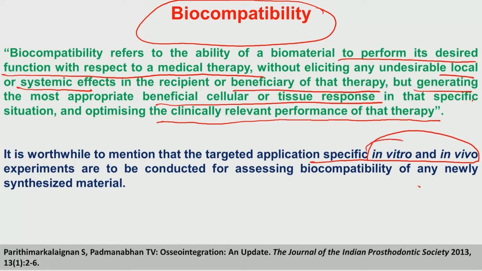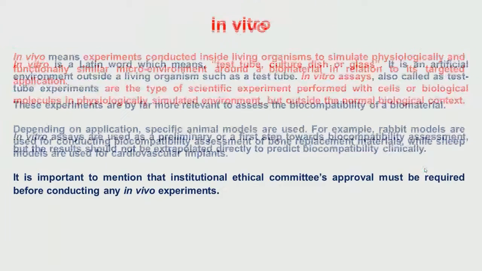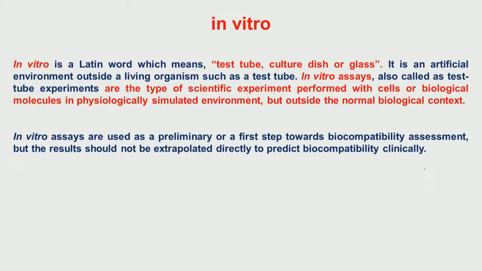In vitro means the experiments which are conducted in the lab with glassware or petri dishes. In vivo means experiments conducted using animal models. In vitro, the Latin word, means test tube, culture dish or glass, and it is an artificial environment outside a living organism, such as a test tube.